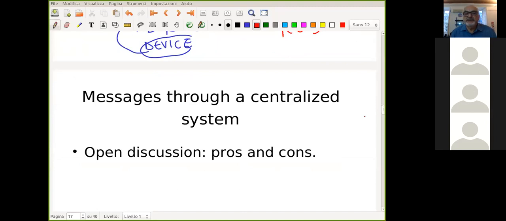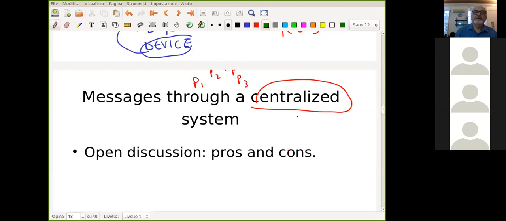How to send messages? Centralized systems. Okay, a producer 1, producer 2, producer 3 wants to communicate with consumer 1, consumer 2, directly or not.